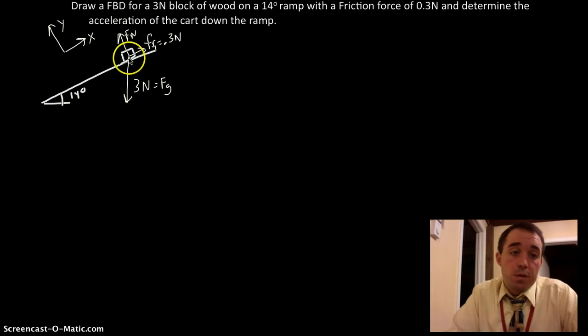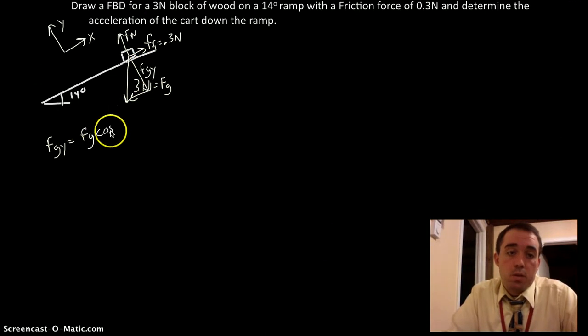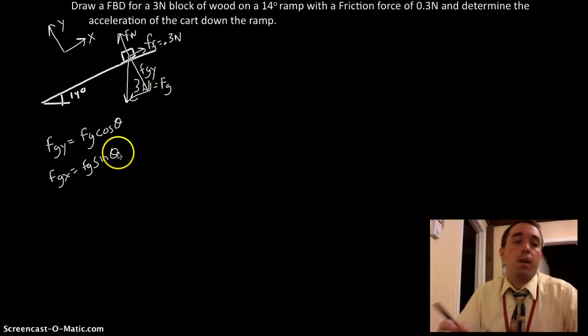It's the force of gravity that we have to break apart into its pieces. And from the notes, the Fgy, which is this part, is Fg times cosine of the angle, and Fgx is Fg times the sine of the angle.